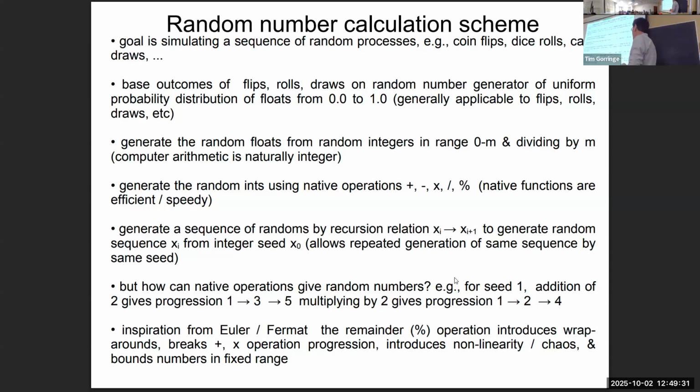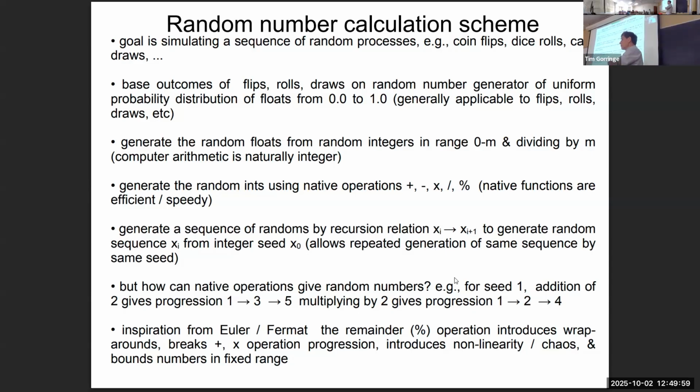We're always going to generate floating point numbers from 0 to 1, and that makes it generally applicable, right? Whatever you're simulating, whether it's the decay of a collection of muons or the Brownian motion of a dust particle, you'll be drawing floating point numbers from 0 to 1. So that's the second point.